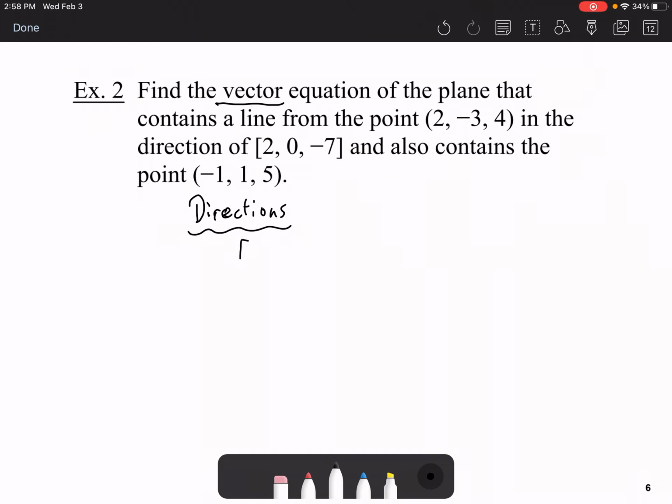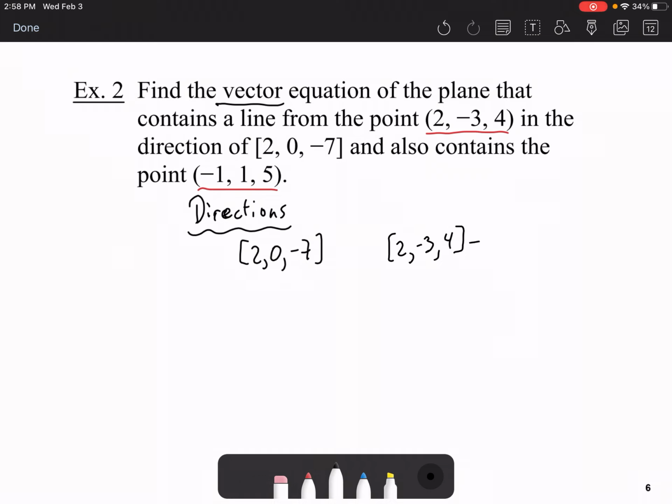One of the directions is already given to you. It's 2, 0, negative 7. The other direction is not given to you, but the plane contains these points 2, negative 3, 4, and negative 1, 1, 5.